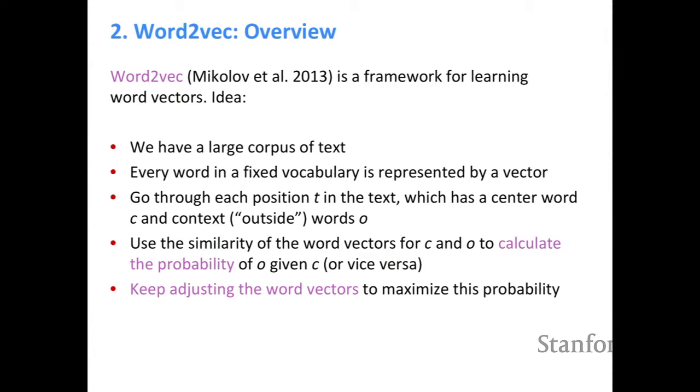And for each of these positions, for each word, you will essentially define this word as the center word, and the context words as the outside or context words. And then you will use this metric of similarity, the vector representation, to try to predict one from the other. And you'll keep adjusting the vectors to make them better at predicting what those neighboring words are.